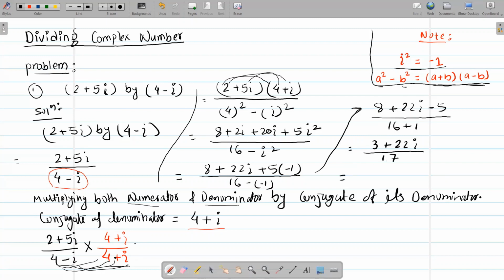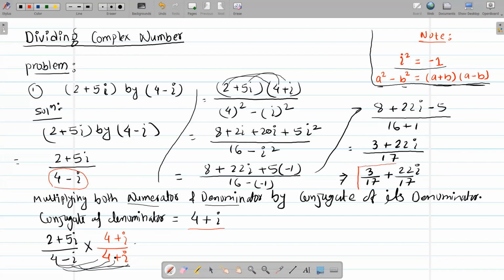Or you can also write it by separating the denominator for each term: 3 over 17 plus 22i over 17, and that's our final answer.